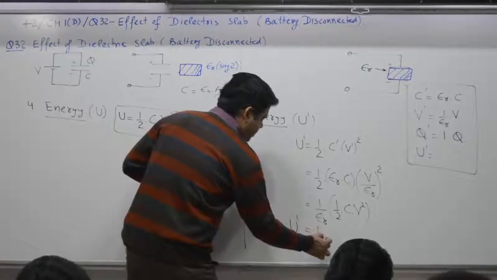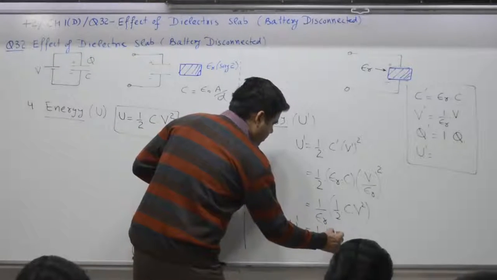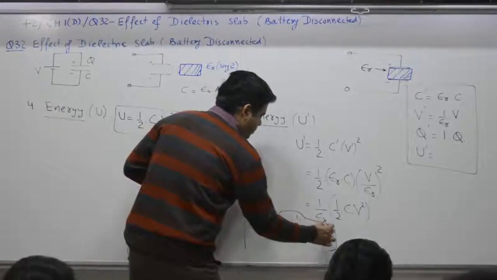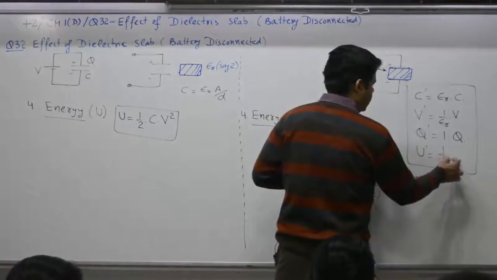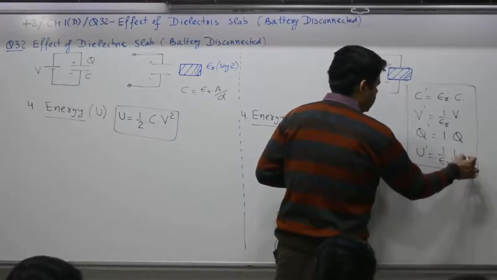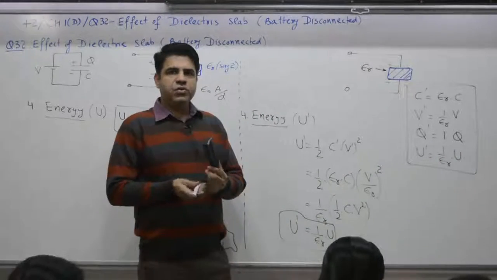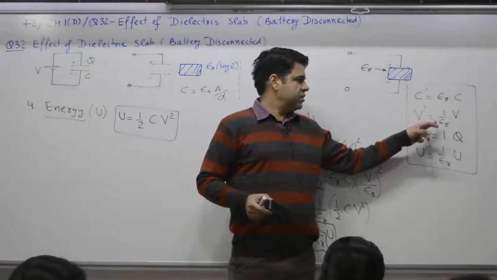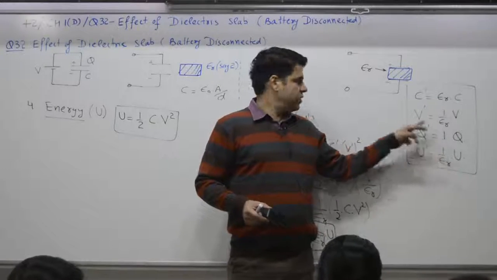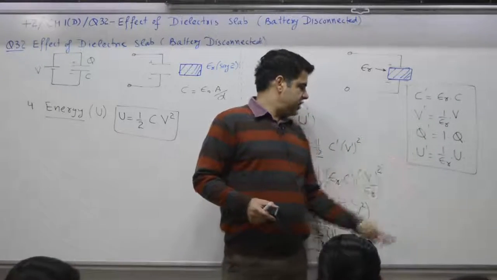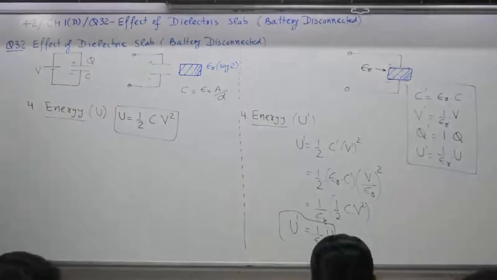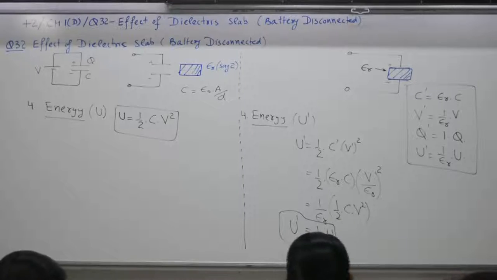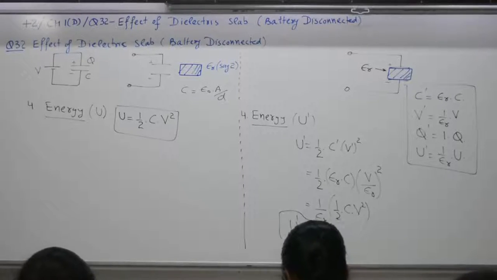U dash is 1 by epsilon R times U. That means energy will also decrease. So capacitance is epsilon R times, charge remains the same, and both voltage and energy get reduced to 1 by epsilon R of the original value. Try numerical number 36.